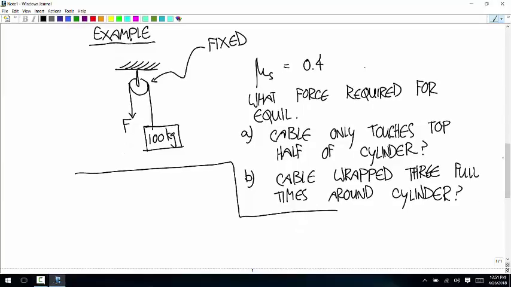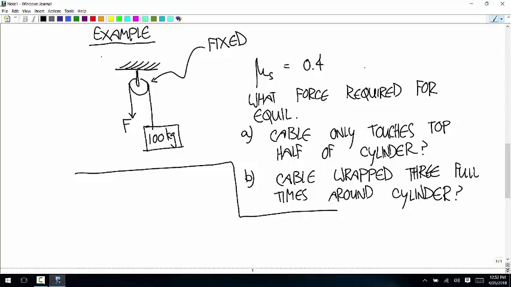We're assuming the cable's in contact with it. That's right. And you have to figure out which one of these two is T1 and T2. The idea is always that whatever you're trying to support is the bigger force, because the reason that we have it wrapped around the cylinder is to try to make the supporting force less.